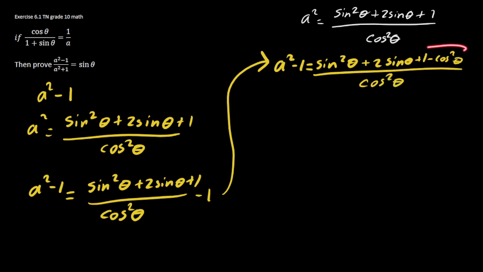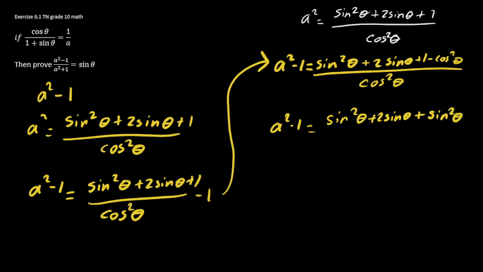Now, if we look at this in particular, we'll notice that 1 minus cos squared theta is sine squared theta. So we can write this as a squared minus 1 is equal to sine squared theta plus 2 sine theta plus sine squared theta.